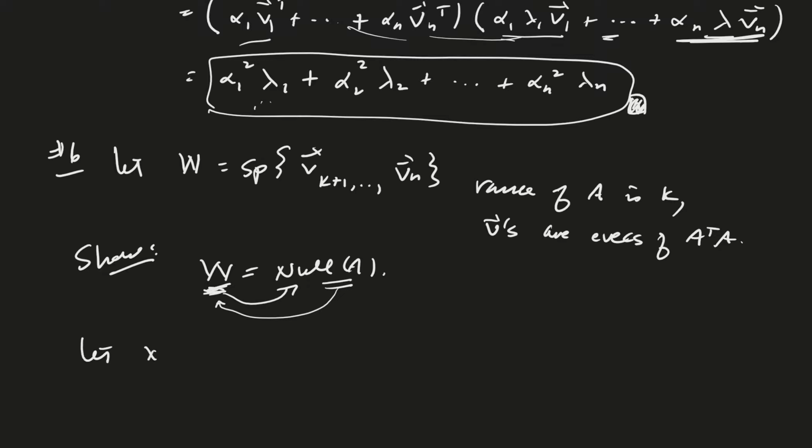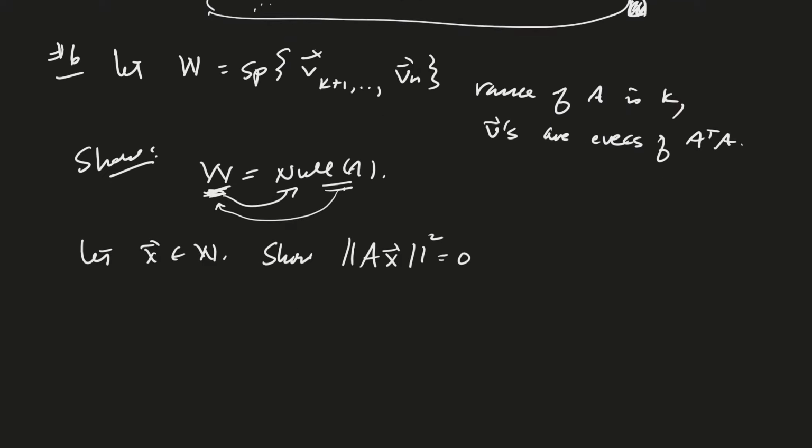Okay, so let x be in W. Then, instead of showing directly that it's in the null space, I'm going to show that the magnitude of A times x must be equal to 0. In fact, I'll just go ahead and square that. Because if you have the magnitude of something equal to 0, then that something must be 0, right?